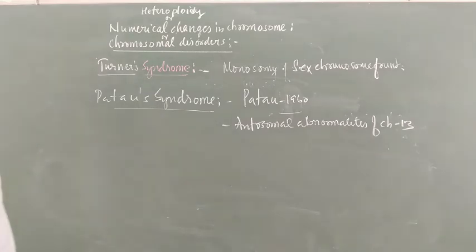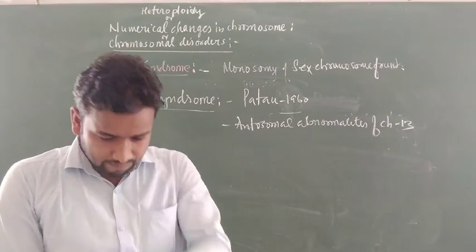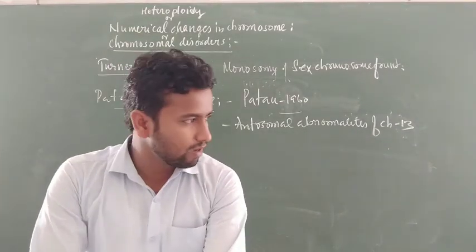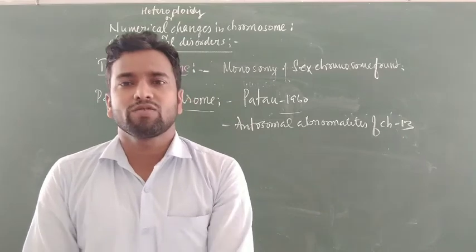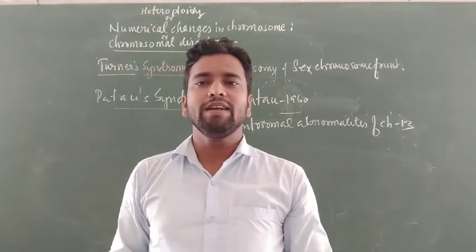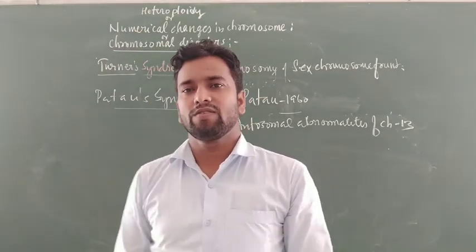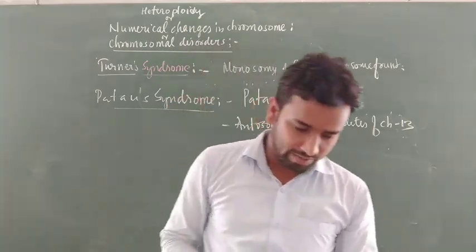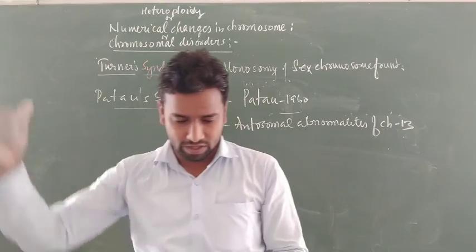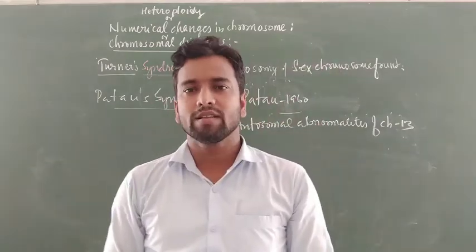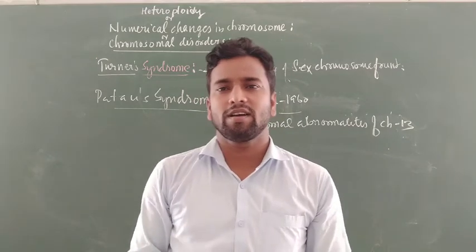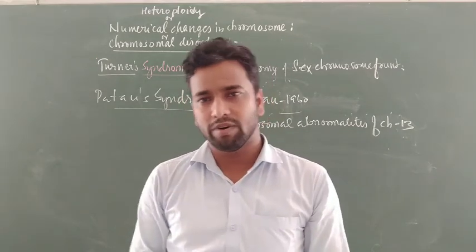The patient shows mental deficiency, you can say mental retardedness. Deafness also occurs, the person with Patau syndrome is deaf, and in the majority of cases death occurs usually at the time of birth.